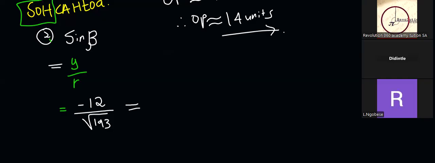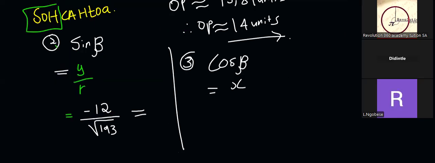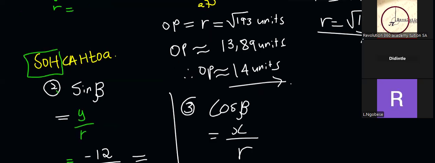And then on number 3, what do they want? They want cos beta. So you ask yourself a question from SOHCAHTOA: cos is adjacent over hypotenuse. So this one is going to be adjacent, represented by x, over hypotenuse, represented by r. The value of x is 7. You write 7 over the square root of 193.